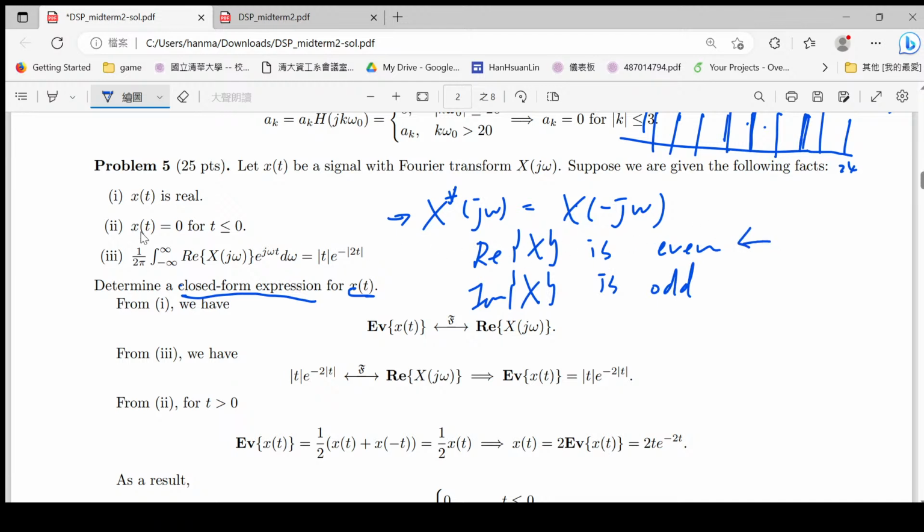So because x is real, the real part of big X is even. And we know that the even part of small x always goes to the even part of big X, and that means the even part of small x will go to the real part of big X if x of t is real. Okay.